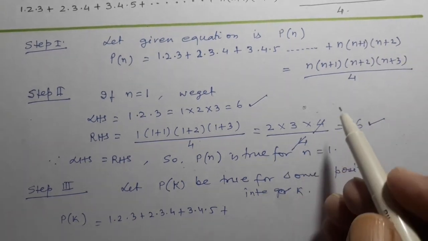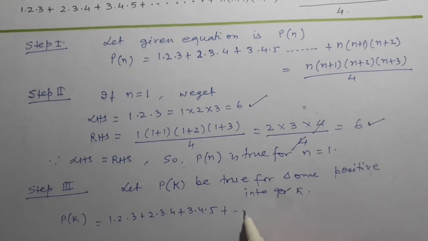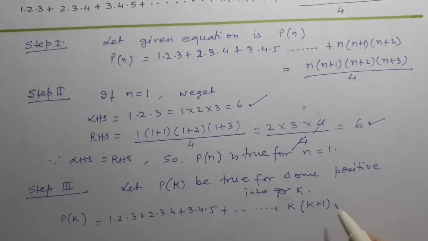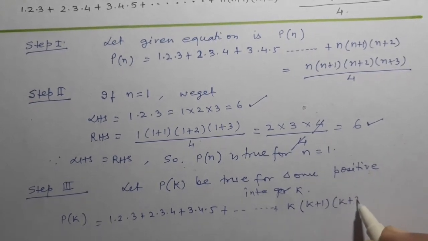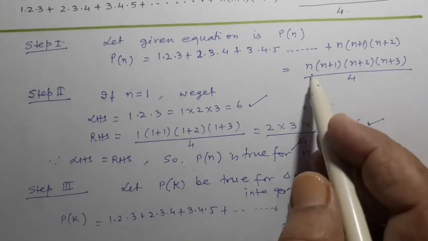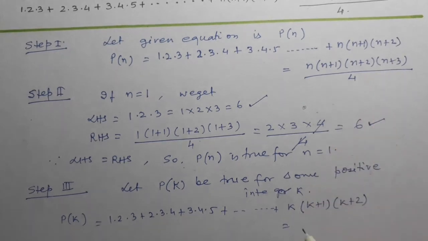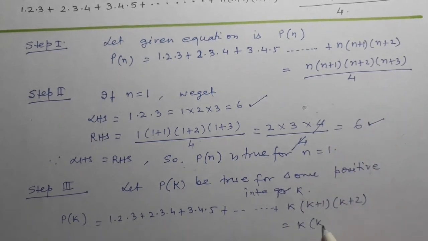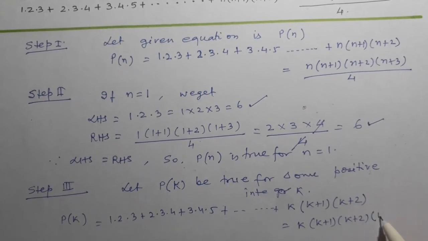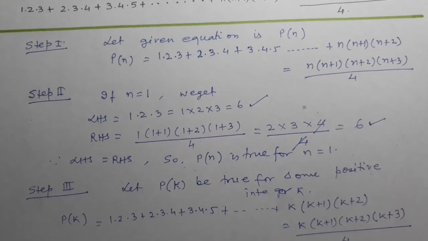So at the place of n we shall write k, k into k plus 1 into k plus 2 will be equal to this, all n will be converted into k. So k into k plus 1 into k plus 2 into k plus 3 by 4, right?